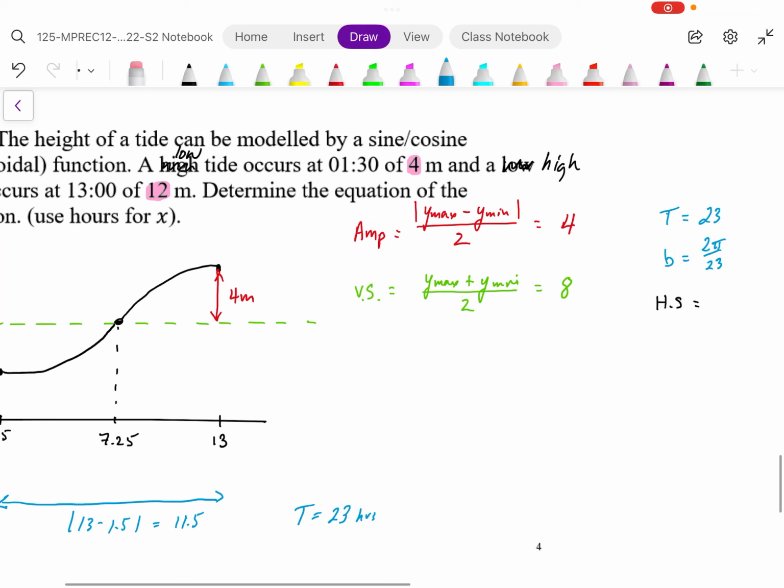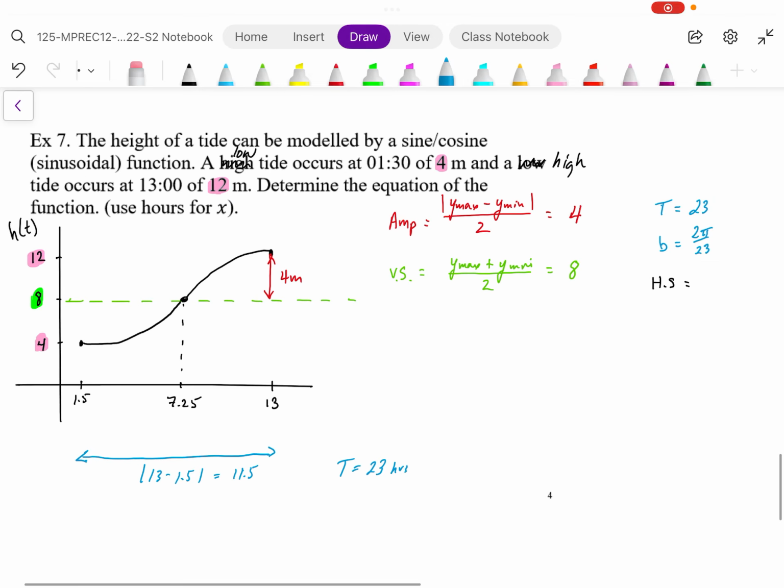So now when I write the equation, I'm going to use a cosine graph. So I'm going to use an upside down cosine graph. So I'm going to use this as my starting point here. And to do that then, I'm going to have y equals, it's upside down, so I'm going to have the negative. But everything else is the same.